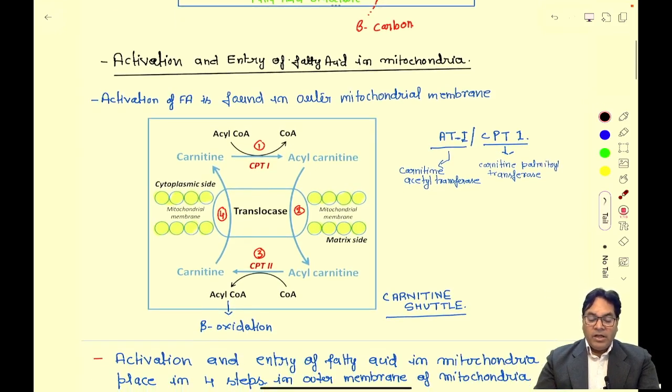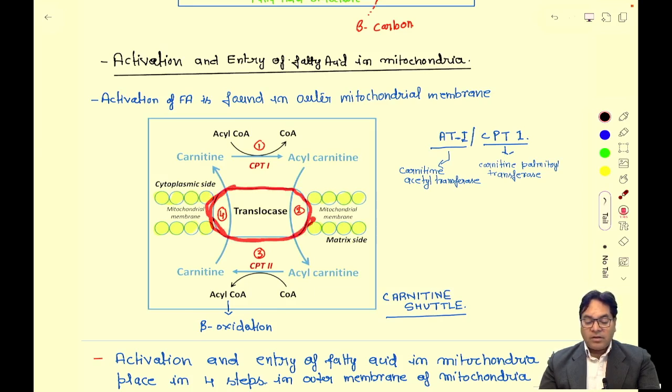In this diagram, we can see clearly how the activation and entry of fatty acids into the mitochondria happens. There is a carnitine shuttle system which enables the fatty acyl coenzyme A to enter into the mitochondria. In the center we can see this whole box-like structure.